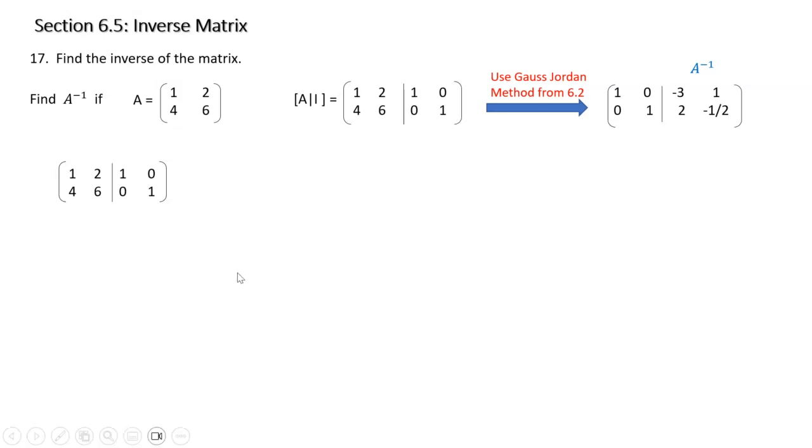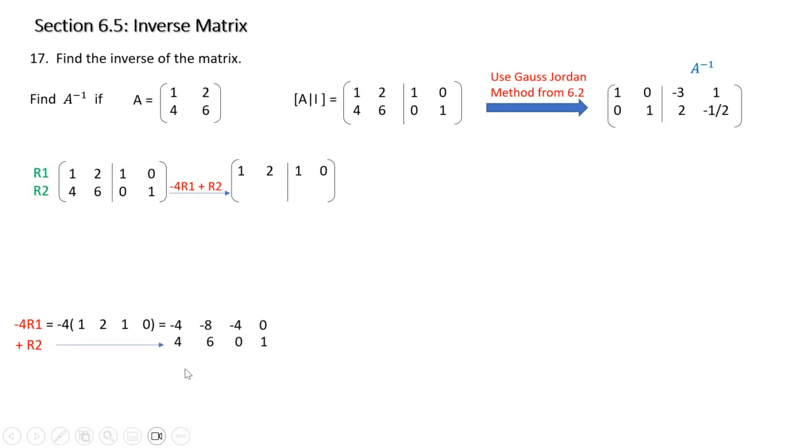In this case, I'm going to multiply row 1 and row 2. So I'm going to multiply negative 4 times row 1 and add it to row 2. And here's my work. Negative 4 times row 1 will give us negative 4, negative 8, negative 4, and 0. We're going to add it to row 2.